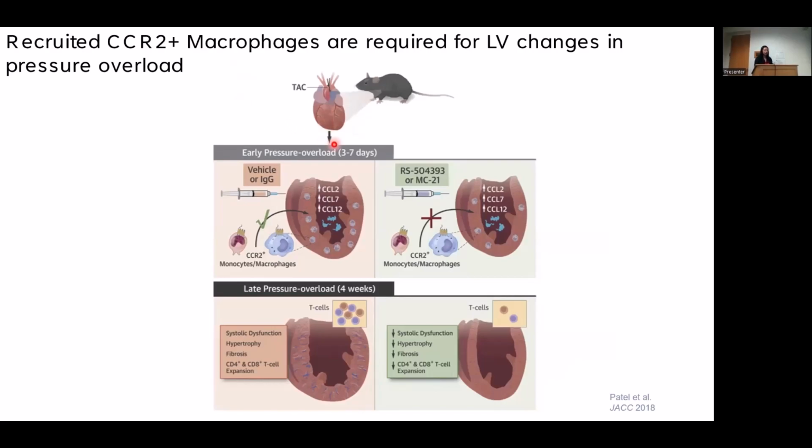In a mouse model of transaortic constriction, where a band is placed around the aortic vessel, in the early pressure overload period, if you give an antagonist to CCR2, these hearts don't develop the features of late stage pressure overload and heart failure, like systolic dysfunction, hypertrophy, and fibrosis.